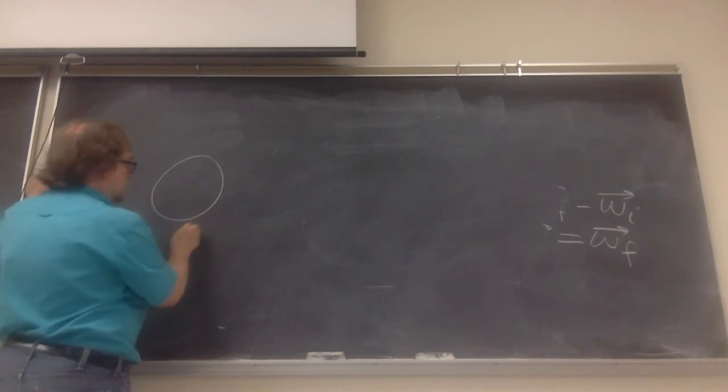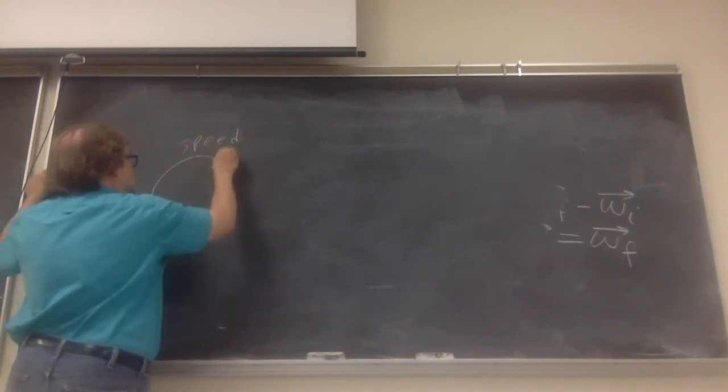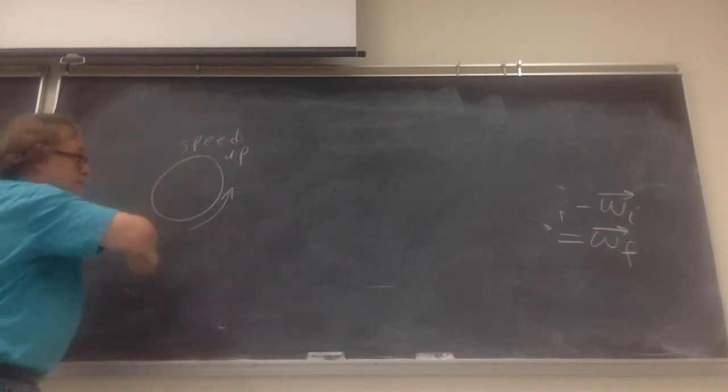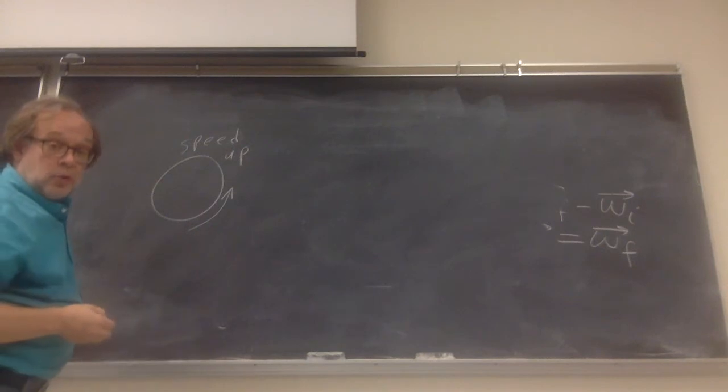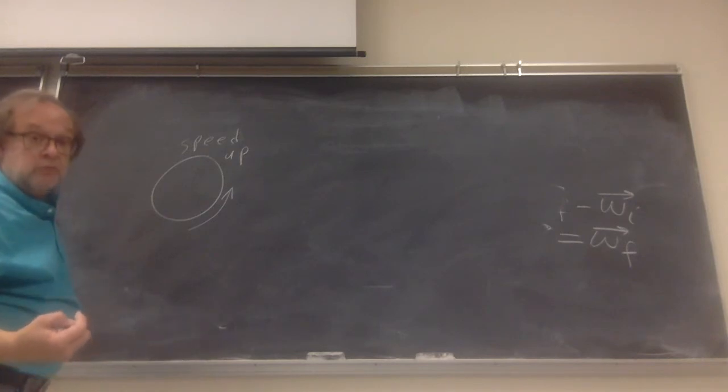Here's our rotating disk, and we'll say it's rotating counterclockwise and speeding up. Remember, for a counterclockwise rotation, we always call that kind of thing positive velocity.